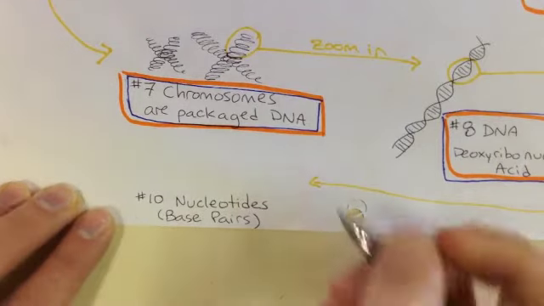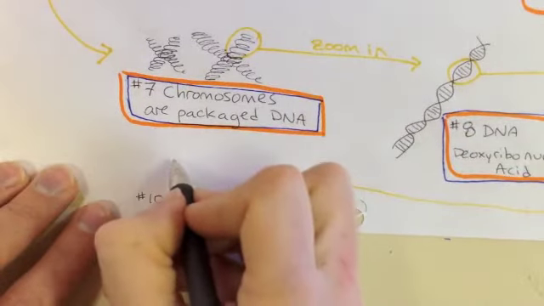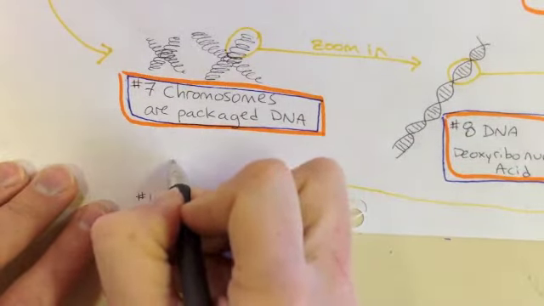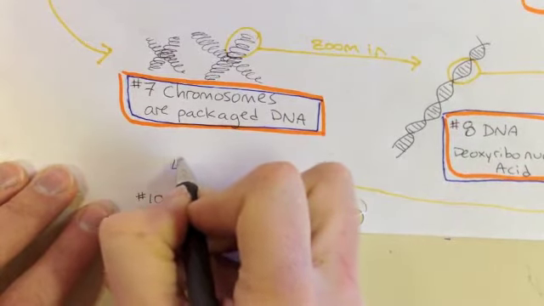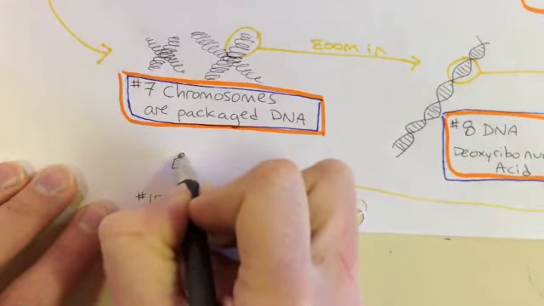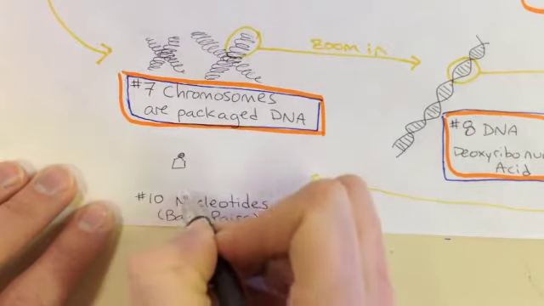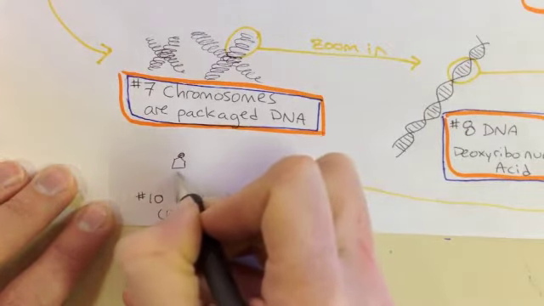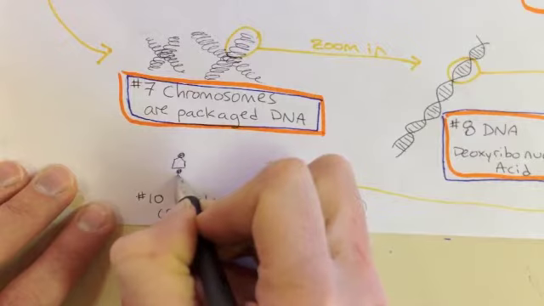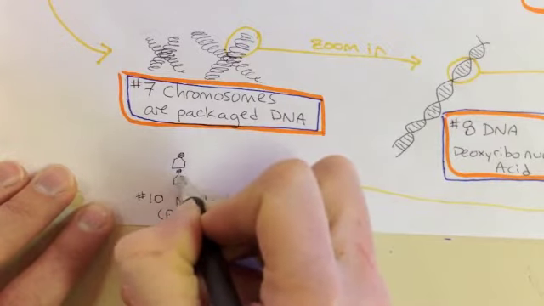Okay, so on DNA, there are some molecules on the side, or the handle part of the ladder, which is made of sugars and phosphates.